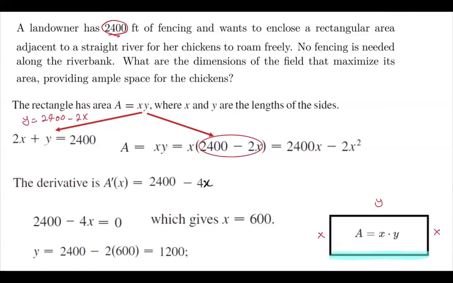So we found the dimensions of this rectangular land that helps the chickens to roam around a little bit. Easy.